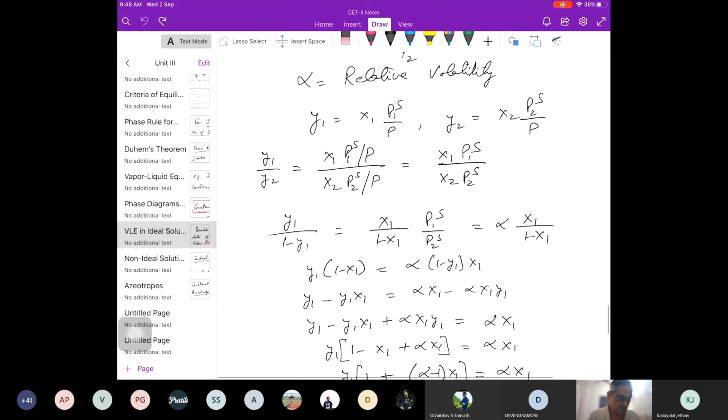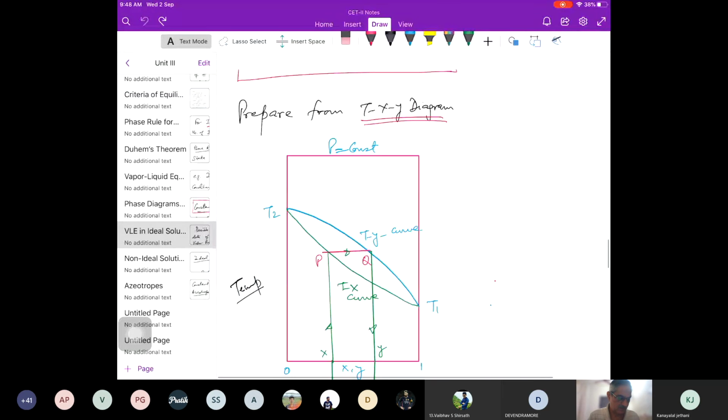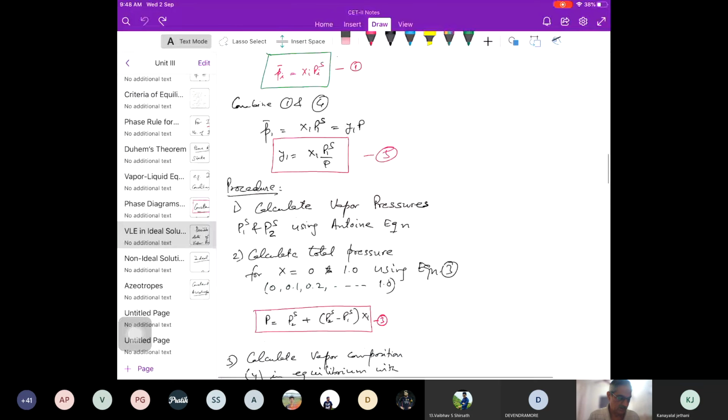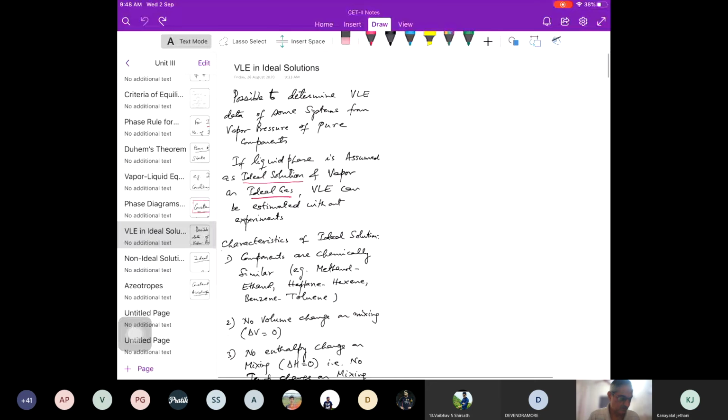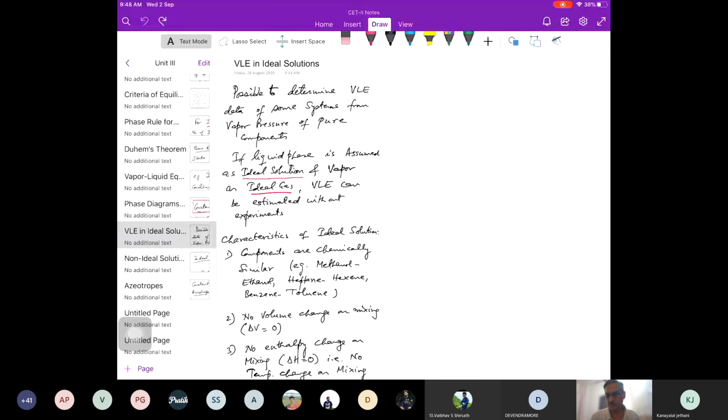Actual applications: how we are actually going to use all this basis for calculating VLE. So VLE in ideal solutions; again we start from ideal solutions. We always start with the simple case where we assume the vapor is ideal gas and the liquid is ideal solution, and we can use the pure component properties. How do we find the vapor pressure of a pure component?